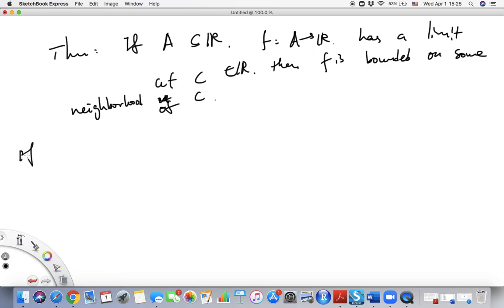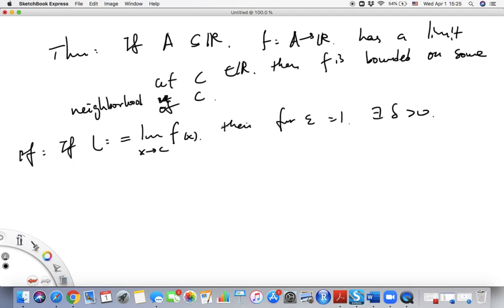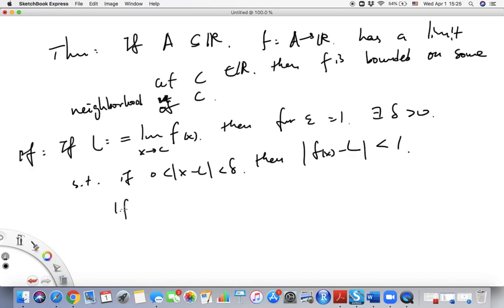Okay, so proof. If L is the limit of f at c, then say for epsilon equals 1, there exists a delta greater than 0, such that if 0 is less than the absolute value of x minus c is less than delta, then the absolute value of f of x minus L is less than 1, right?